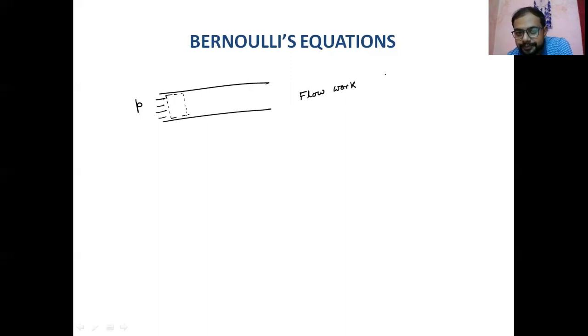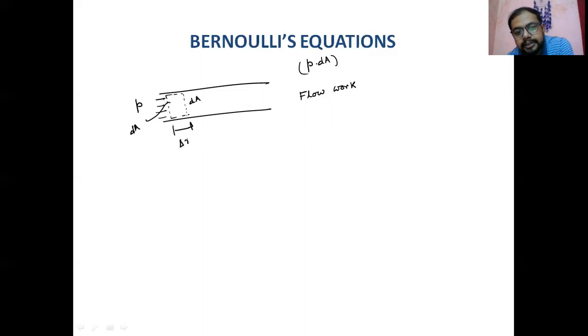So to maintain a flow against a pressure, the work you have to do is known as the flow work. Let the cross-sectional area be del A. So what is the force? Force is P into del A, magnitude we are talking about here. And because of this, how much displacement occurs?